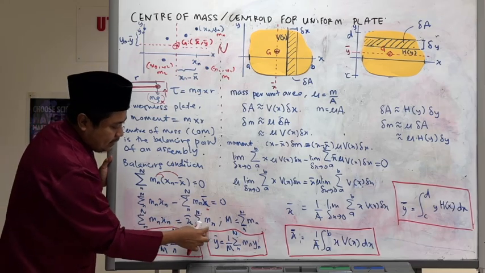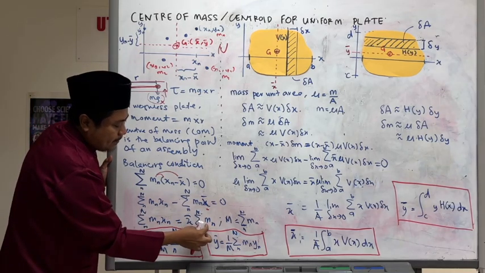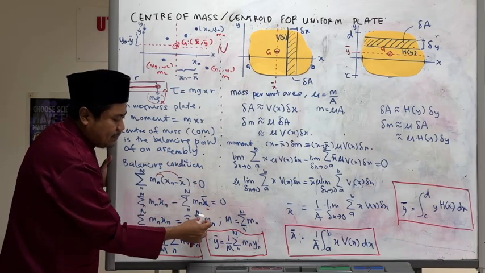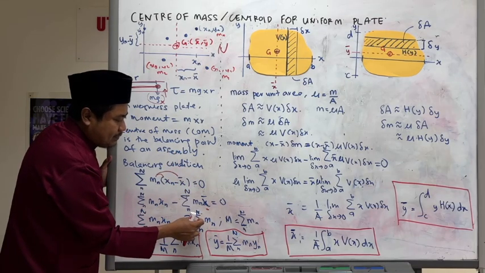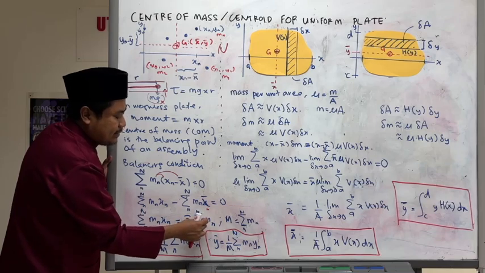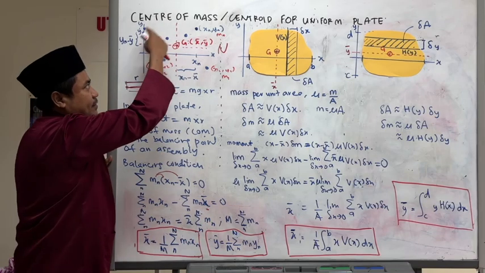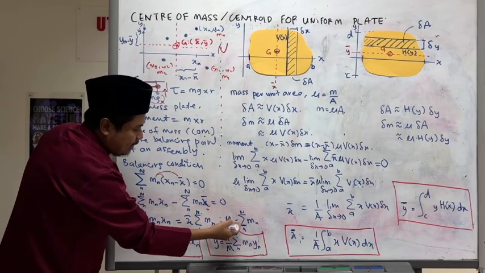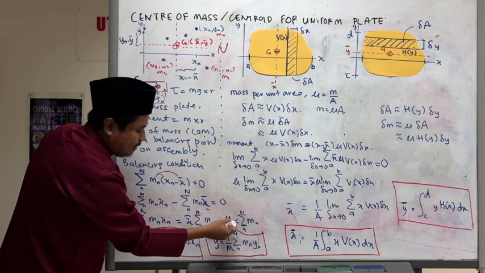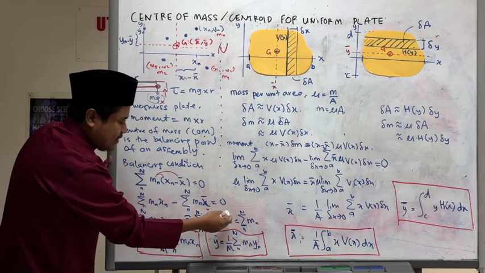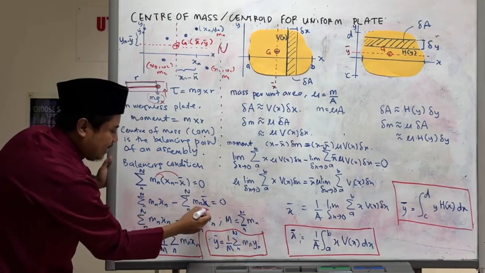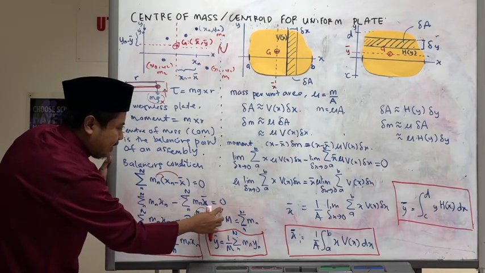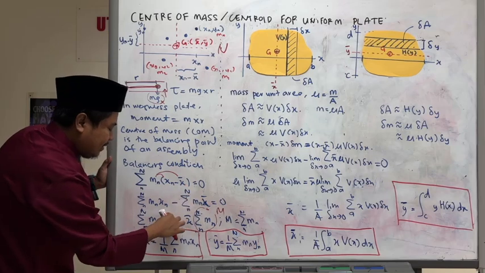You can see this is the sum of the individual masses, so when you sum them up, this indicates the total mass of the system. You can represent it as one mass, the total mass M. Then you can bring it to the left.